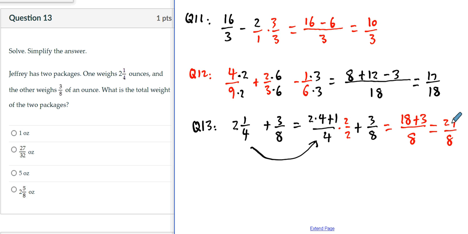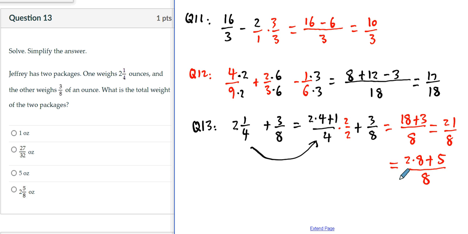21/8. Now, 21 can be broken up into 2 times 8 plus 5, since 2 times 8 is 16 and plus 5 you get 21. So then you have 8 here.